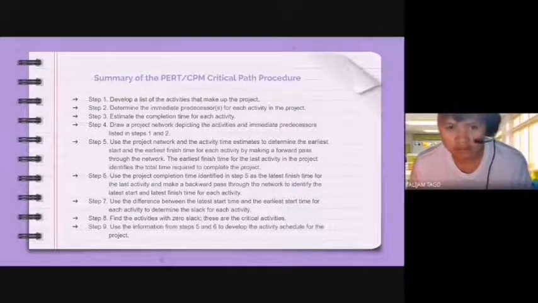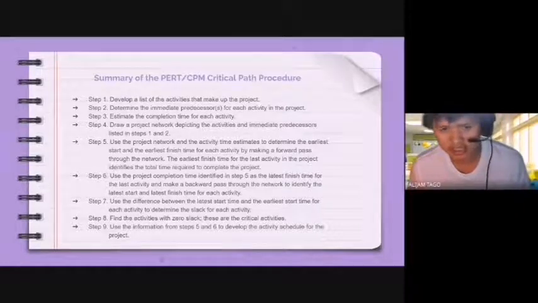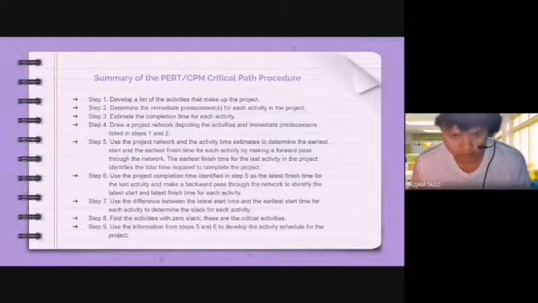Step 5 is to use the project network and the activity time estimates to determine the earliest start and the earliest finish time for each activity by making a forward pass through the network. The earliest finish time for the last activity in the project identifies the total time required to complete the project.